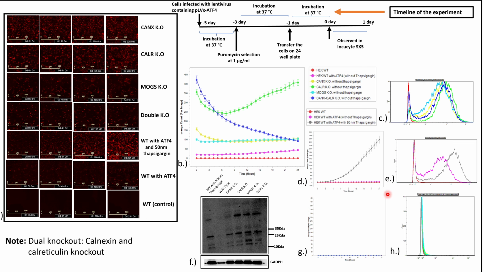And in order to ensure that these signals are not because of autofluorescence in the knockouts, we also measured the cells' fluorescence signals when ER stress is introduced in the knockouts that do not have the reporter, in order to make sure that these signals are not because of autofluorescence in the knockouts.